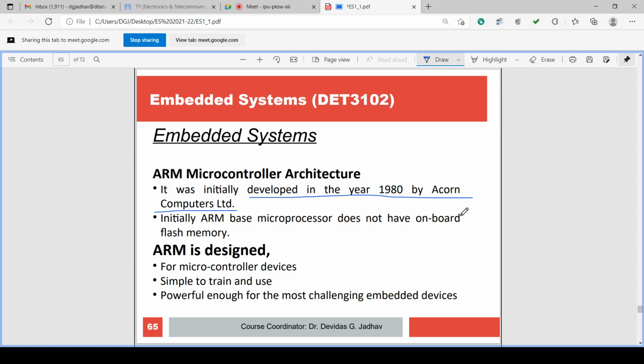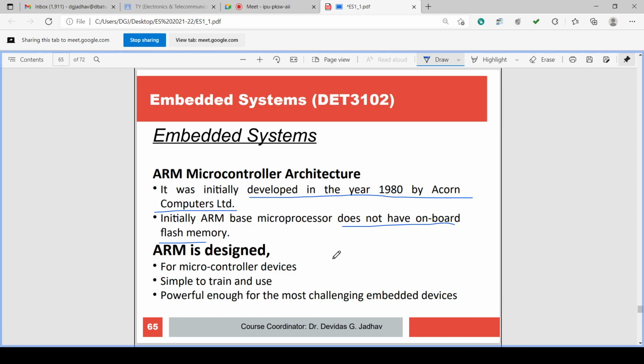Afterwards, onboard flash memory was introduced.